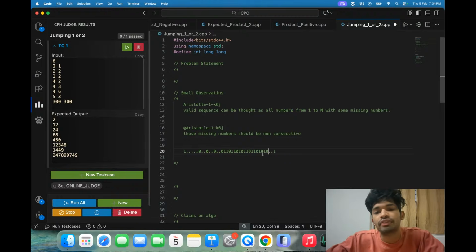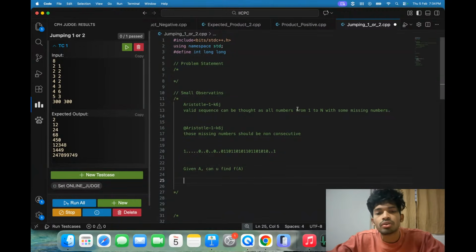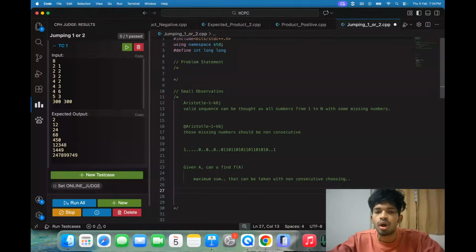Can you find f of a given a? You can do this because you can try to know what is the non-consecutive zeros maximum sum. How would you do that?